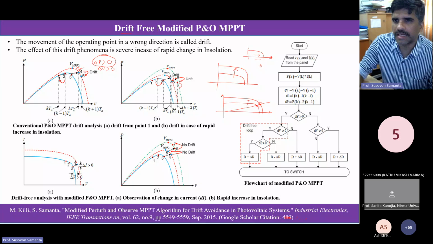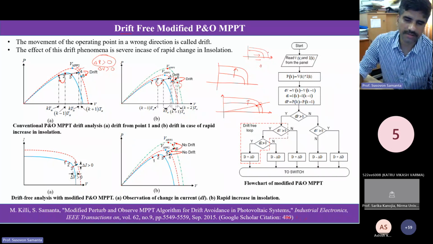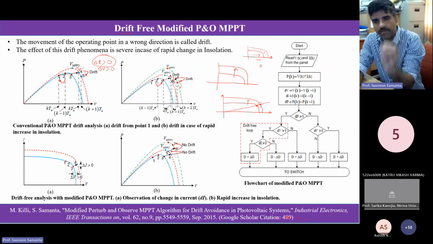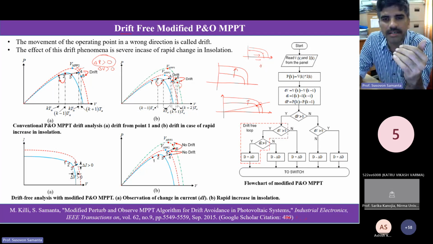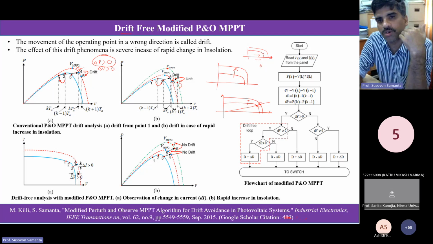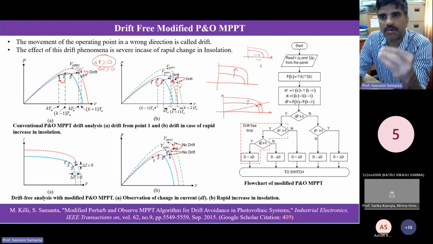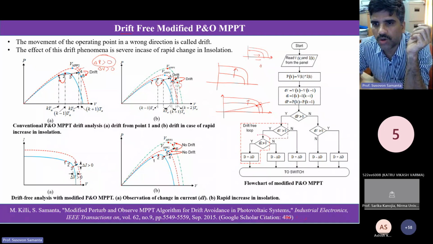But if there is any irradiation change, then your voltage is increasing and your current is also increasing. So we have used this information: if there is an increase in irradiation, there is also an increase in the current level. And as in the P&O algorithm we are already sensing the voltage and current, we have just put this extra loop into the normal P&O algorithm.